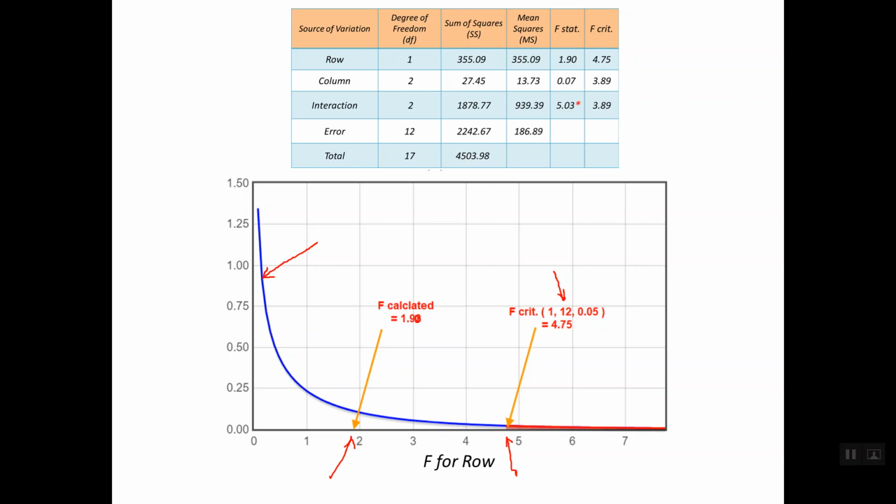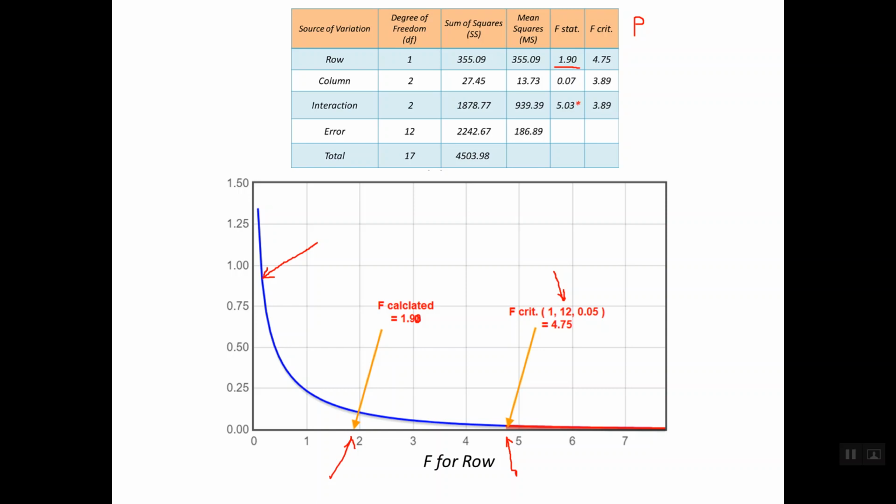Another way to understand this conclusion is by understanding what's called the probability, the P. In some ANOVA tables, there is no mention of the value of the F critical, but we have the probability P. And the probability P simply means, for example, for the first factor, the value of the calculated F is 1.90.